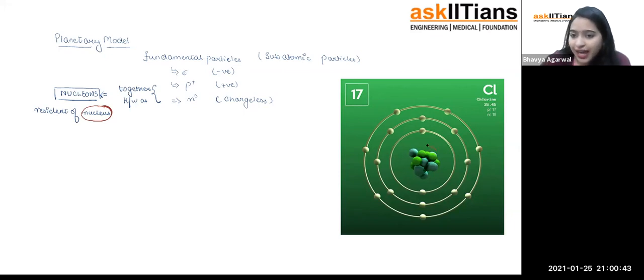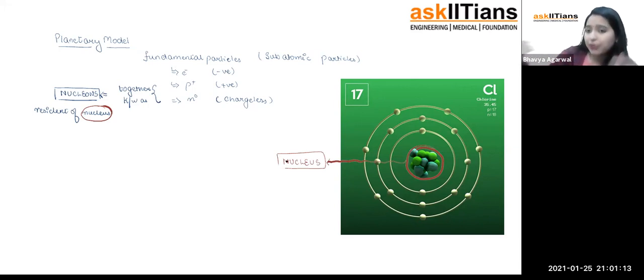So if you see this diagram, see this part. It is this nucleus which is the central part. Here, these green and blue balls are denoting protons and neutrons. And the silver balls which you can see around it are electrons.